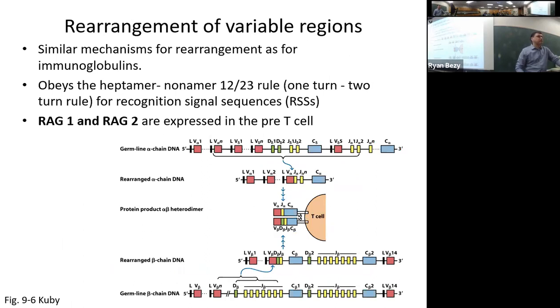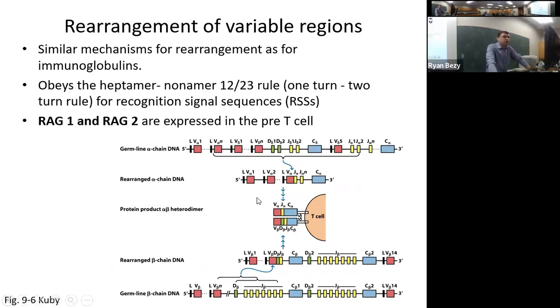Okay, questions about that? And this diagram kind of shows it. This shows alpha chain rearrangement steps versus beta chain rearrangement steps to get an alpha beta T cell receptor. With the alpha rearrangements, if alpha rearranges, again, you bring a variable alpha together with a J alpha segment.